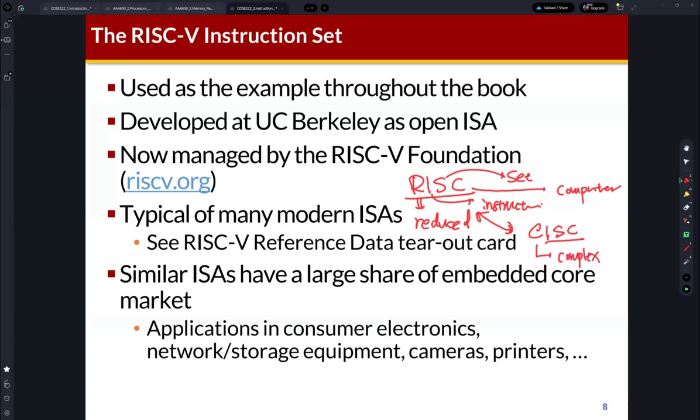We can say that ARM is a RISC type ISA, and x86 is a CISC type ISA. What is different? Only one word: reduced and complex. What does it mean? The RISC type ISA is simpler, a reduced instruction set. The CISC type ISA handles complex instructions.